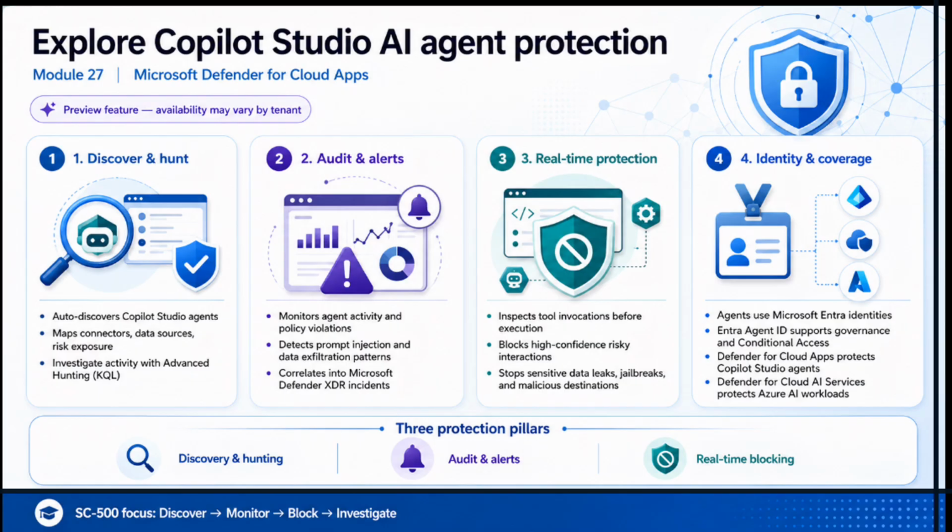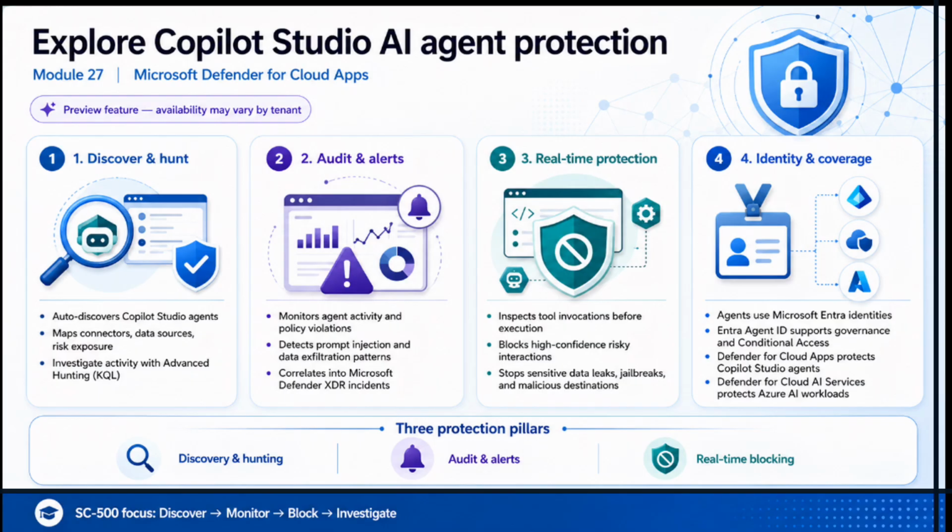Defender also monitors agent activity for threats such as prompt injection, data exfiltration, policy violations, and unusual tool usage. When suspicious behavior is detected, alerts are correlated into Microsoft Defender XDR incidents so analysts can investigate the agent together with related identity, endpoint, and cloud signals.